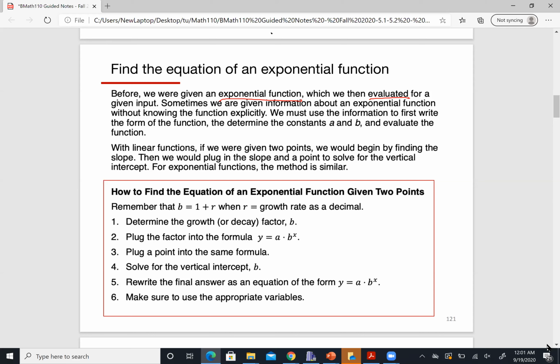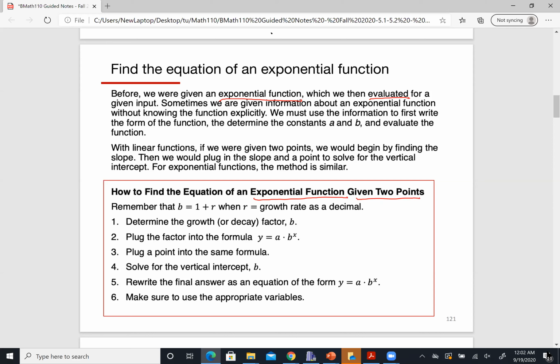Okay, now let's follow 6 steps to find the equation of an exponential function, given 2 points, right? This will help you find the equation of an exponential function when you're given 2 points.